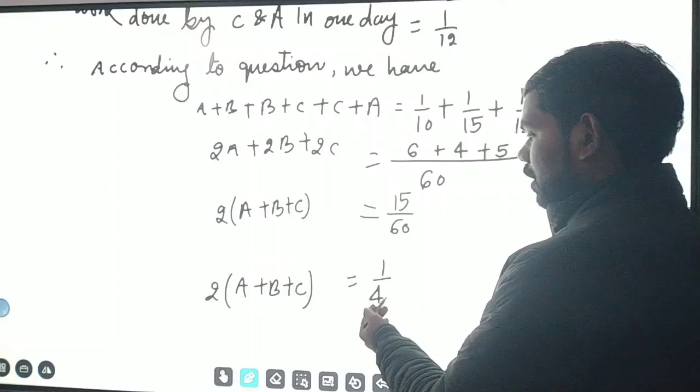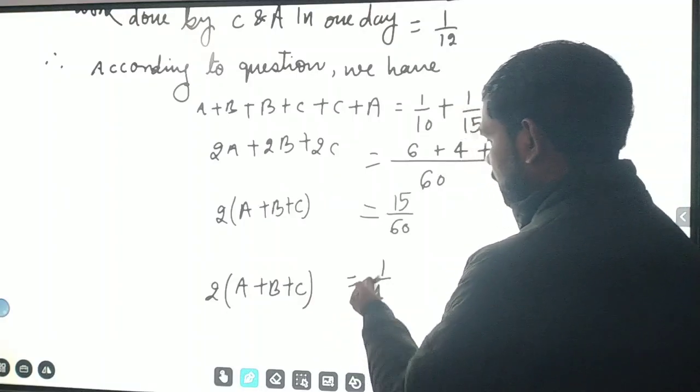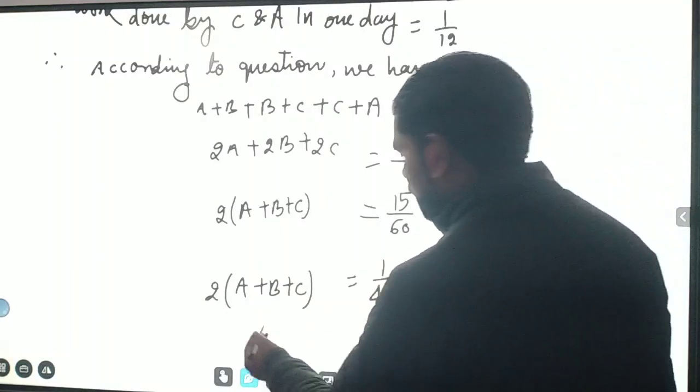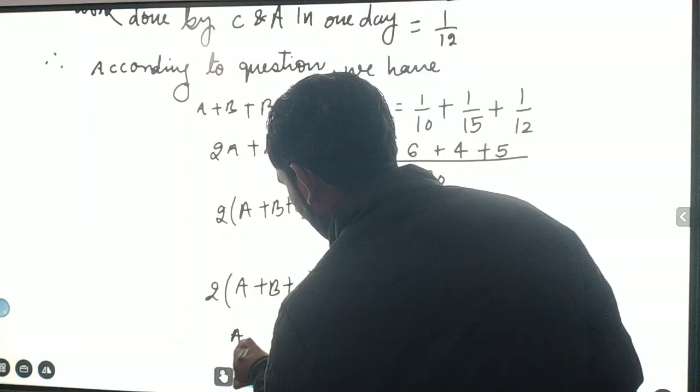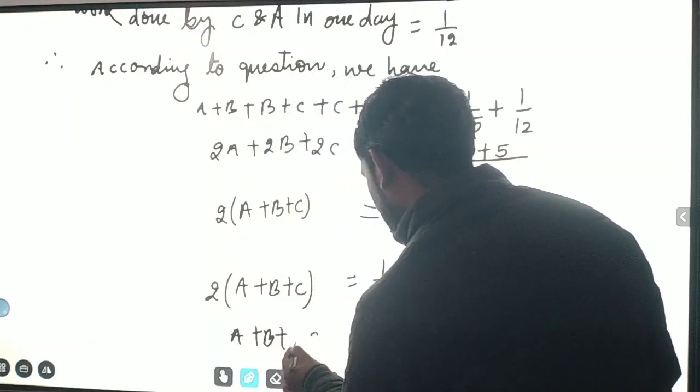This is the simplest form of 15 upon 60.